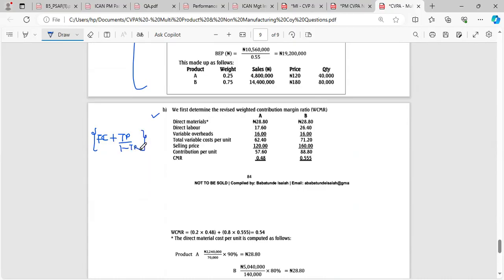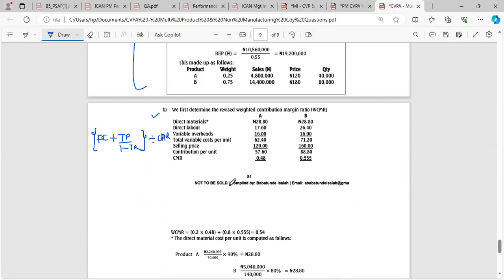So when you are trying to achieve a particular profit, you are going to use this formula. Contribution margin. If it's Naira, it will be contribution margin ratio. So let's do contribution margin ratio because they're looking for Naira.